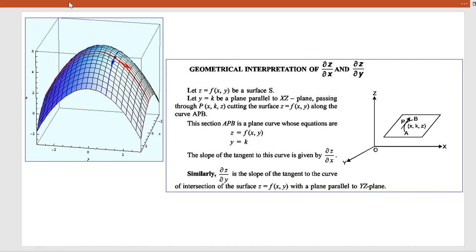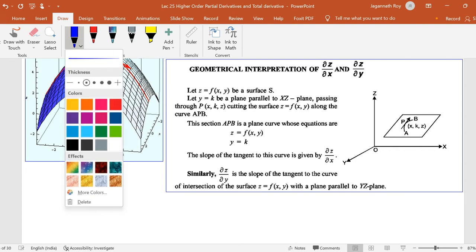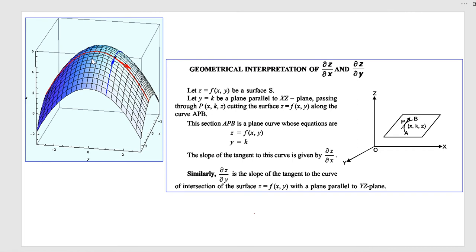So as you remember, if you draw a tangent line, if you remember the functions that we have discussed in the one variable case, at P, if you define one tangent, then the derivative will be the slope of the tangent line at that point, because the slope will be changing constantly.